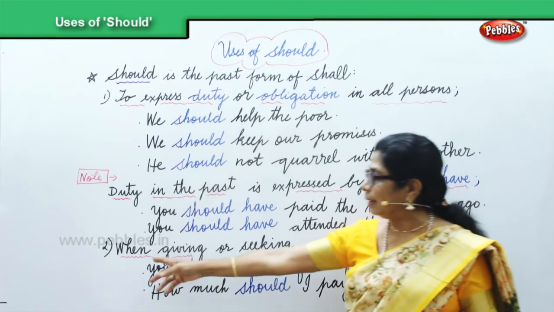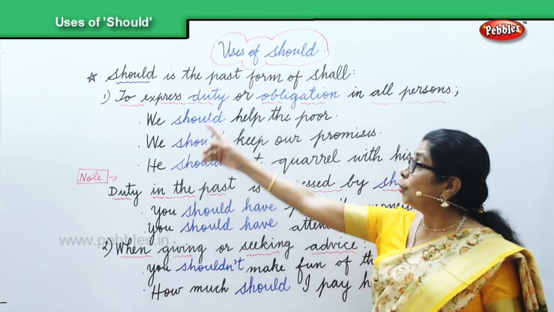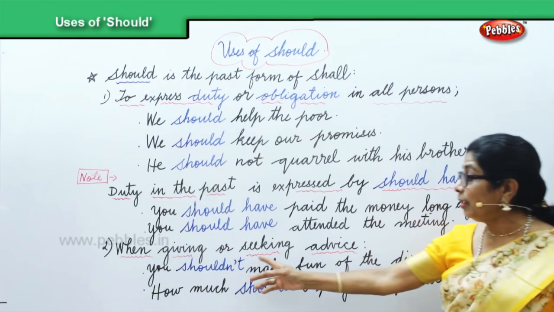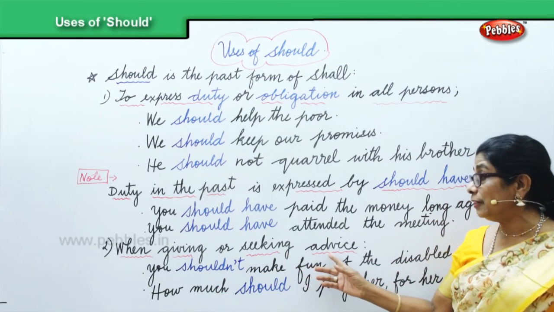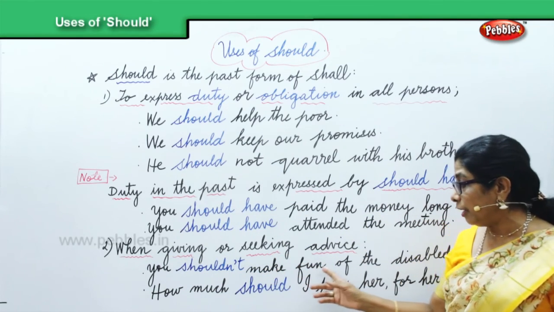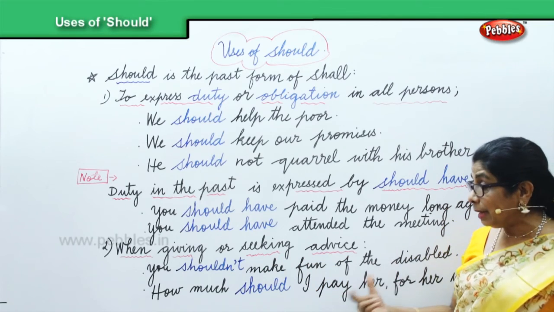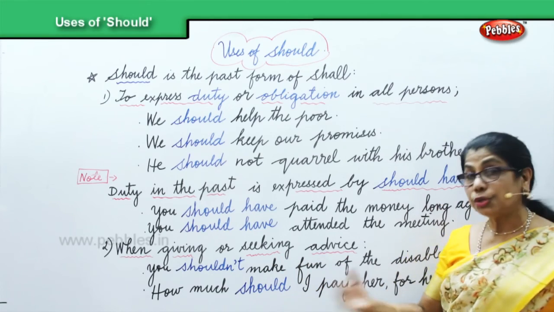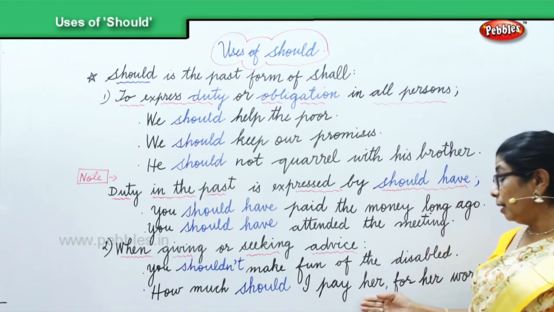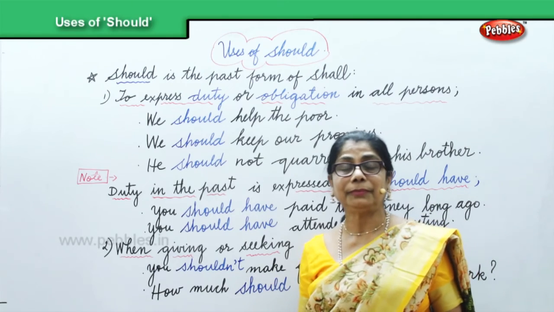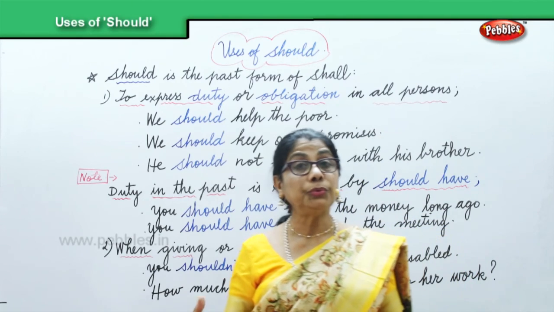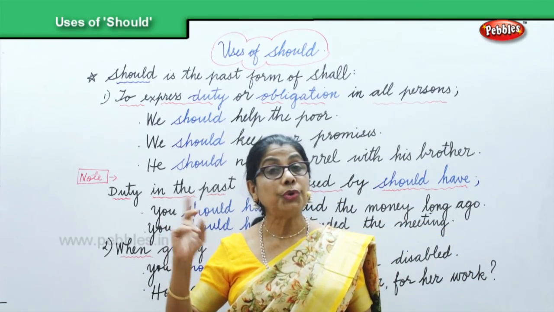Then in the second category, should is used when giving or seeking advice. You shouldn't make fun of the disabled. How much should I pay her for her work? Now we have 2 more uses of should.